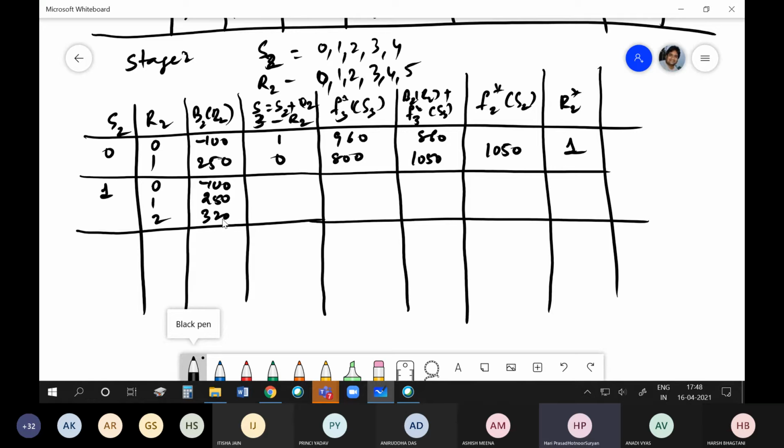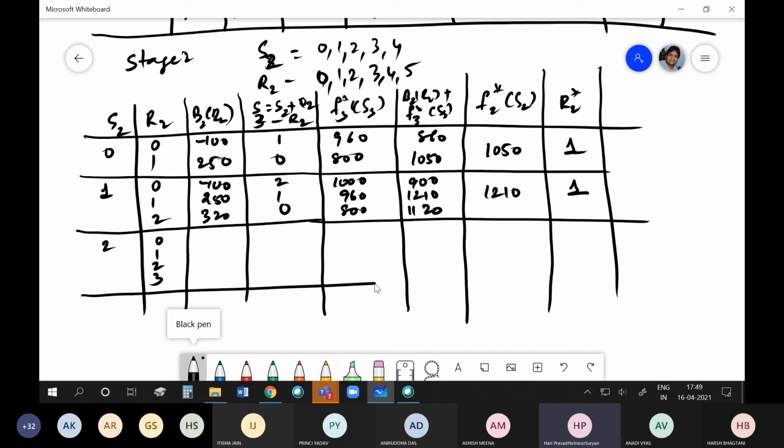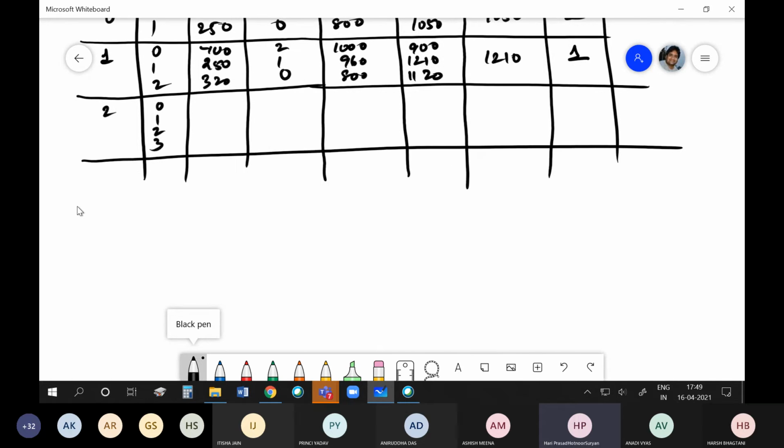This will be 210, 1000, 960, 800. Then 900, 1210, 1120. So I have 1210. This is 1. Now if I have 2, so 0, 1, 2, 3.